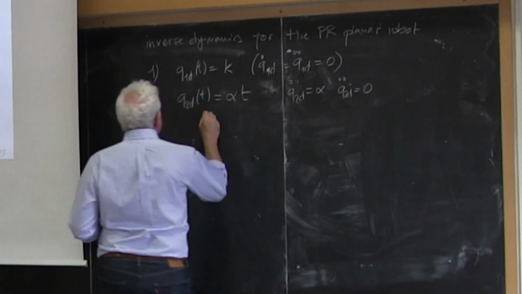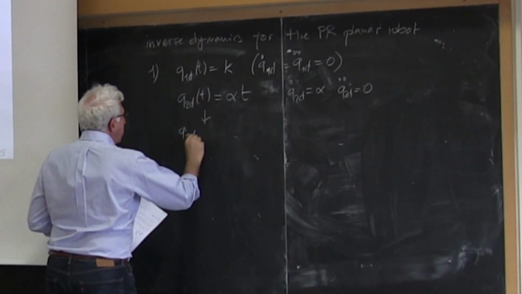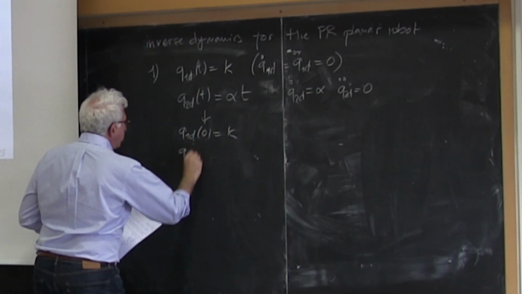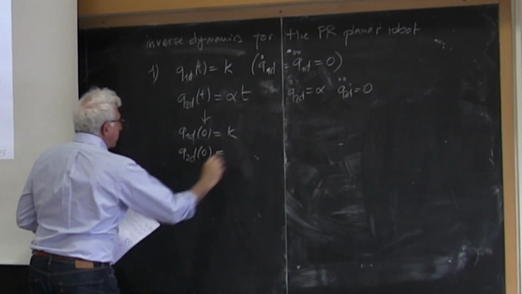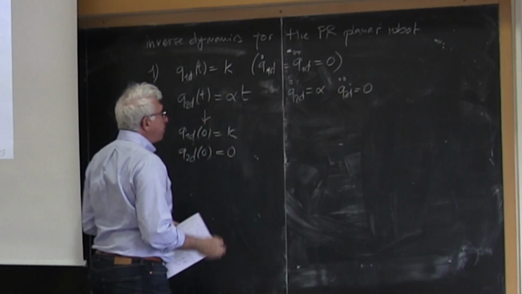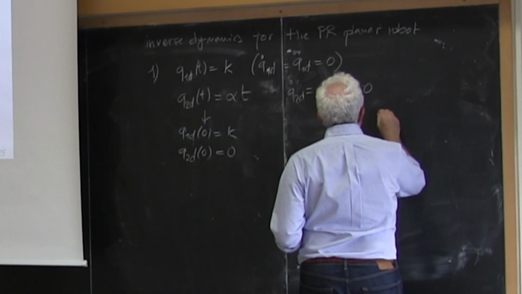Now, the other thing is that from this expression, Q2 desired at time 0 will be 0. So we have an initial configuration, and we can imagine that the situation is as follows.